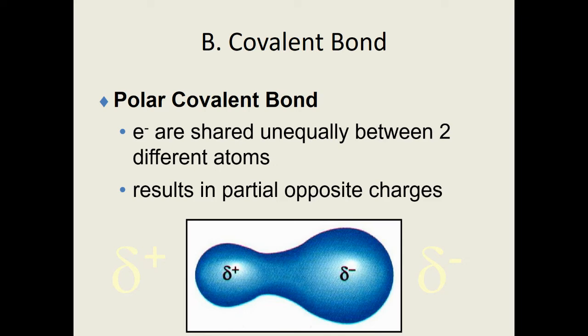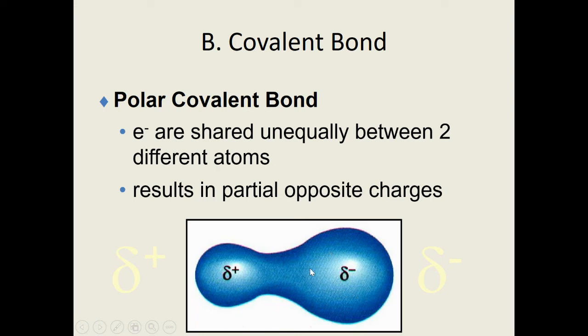Another term that's a blast from the past: we've talked about electronegativity and its trend with the periodic table. We're going to be using electronegativity within this unit. Electrons are not shared equally, and so we get these partial opposite charges. There's another Greek letter here that looks like an S or a D that tails and curves all the way around, and that just represents partial.